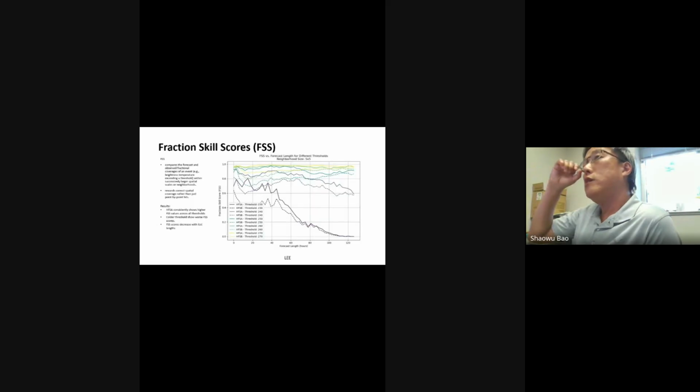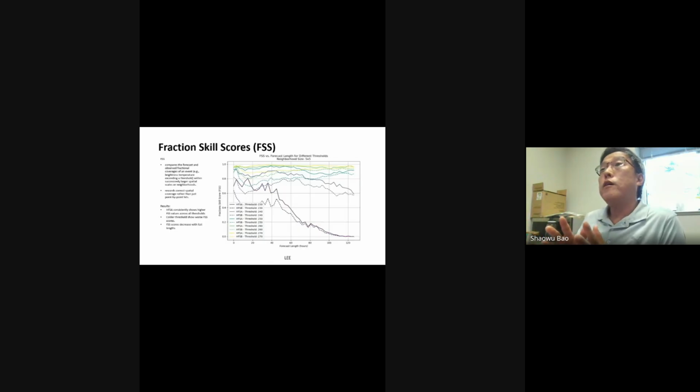Now we look at the FSS, the fraction skill score. In case you are not familiar with FSS, it's a neighborhood verification method. So you divide your domain into some larger neighborhood sections and compare some variables, some conditions.